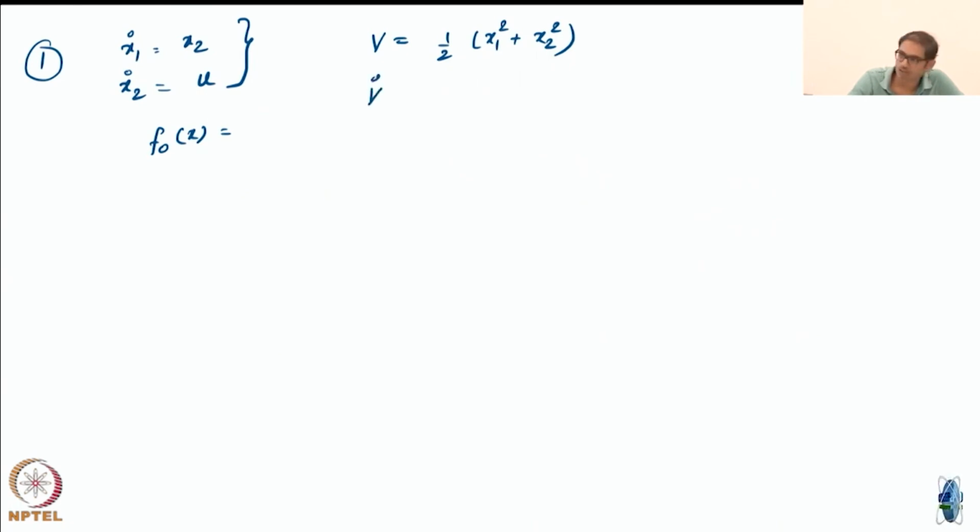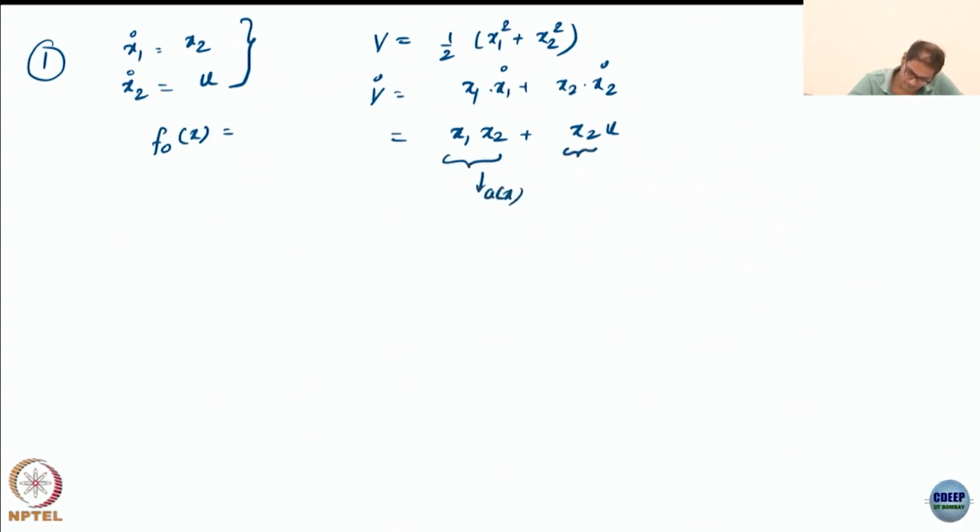The quick way is to compute V dot. Then you have x1 dot, the way we were doing earlier, and x2 dot, which is x1 x2 plus x2 times u. Whatever multiplies V dot is A, and this is B of x. This is the simple quick way.